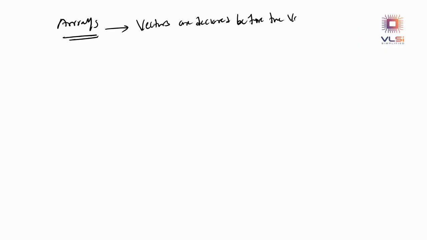Next is arrays. If you see vectors, vectors are declared before the variable, as we already saw. For example, reg [1:0] a has a size of 2.